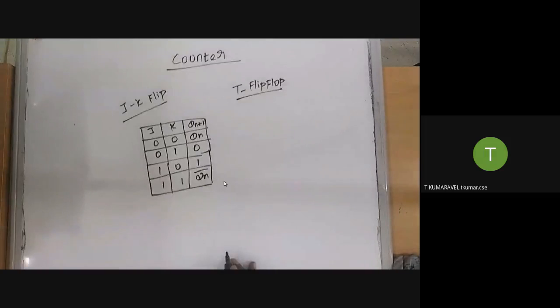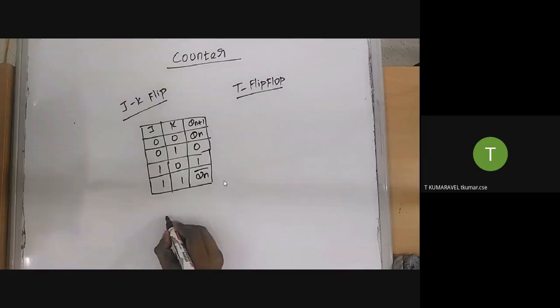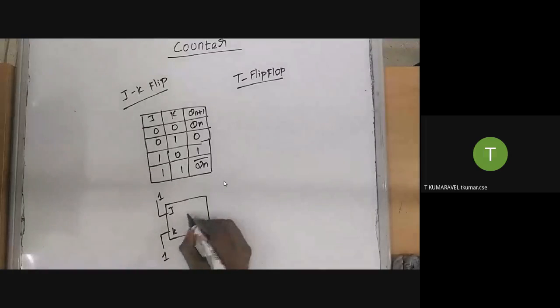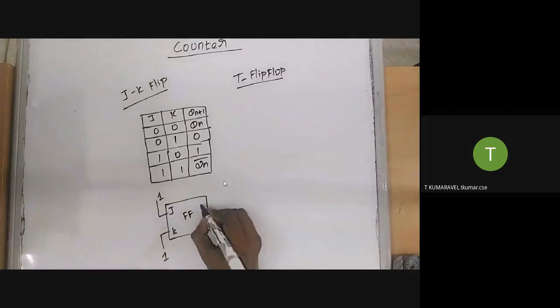After that, we have seen the design diagram for the JK flip-flop. Whenever we implement the flip-flop within the counter, the default input for JK is 1. Why is the default input 1?